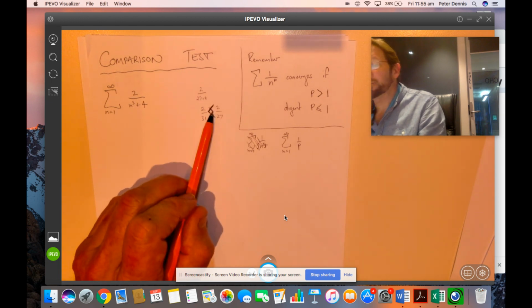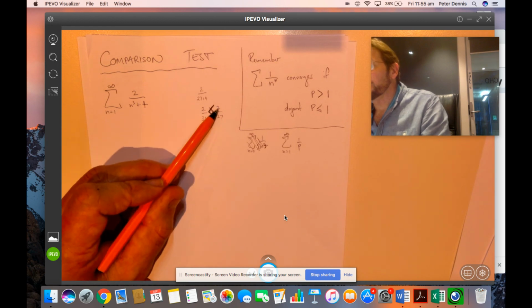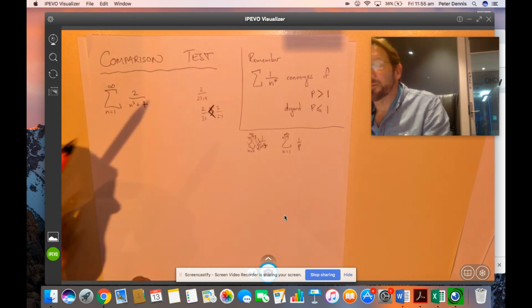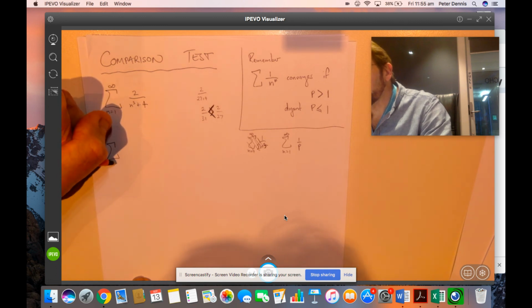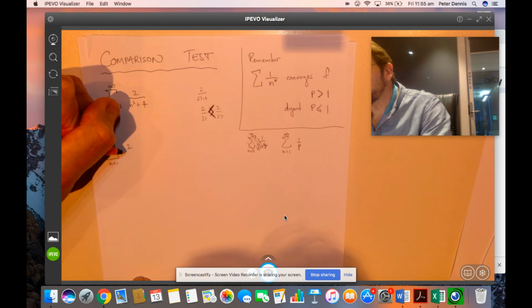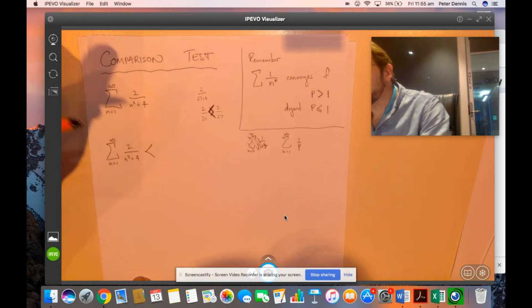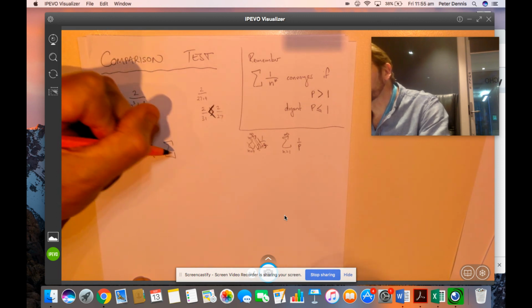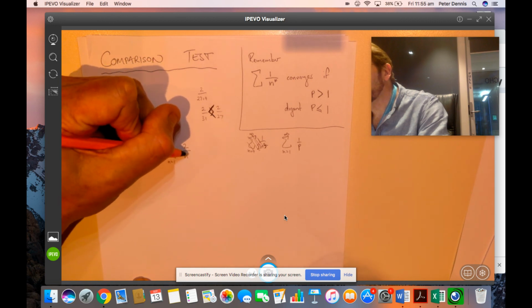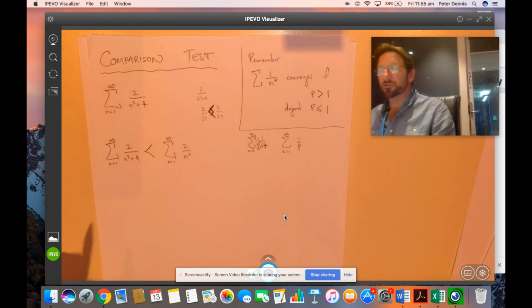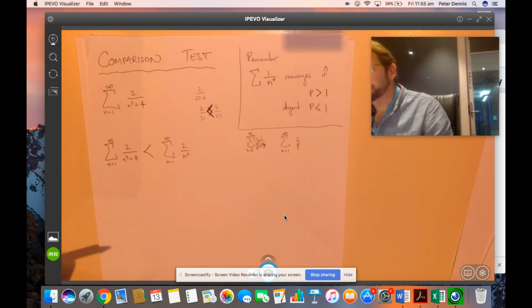This is the larger thing. That's the concept I'm going to use: 2 over 20 is larger than 2 over 30. So I know that the sum of 2 over n cubed plus 4 is less than the sum of n equals 1 to infinity of 2 over n cubed, because every single term of this is less than every single term of that.